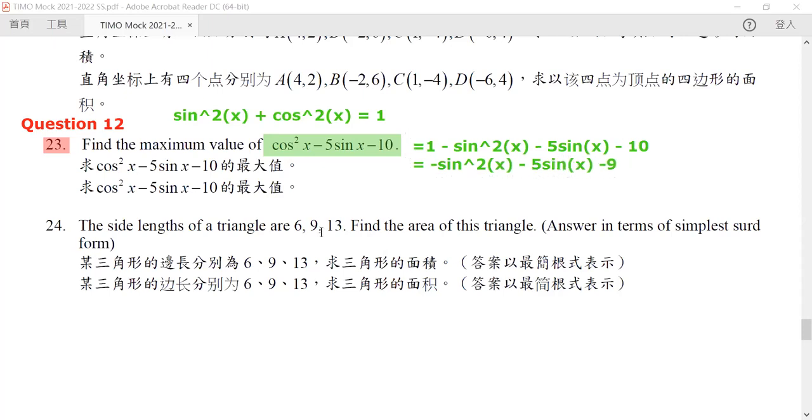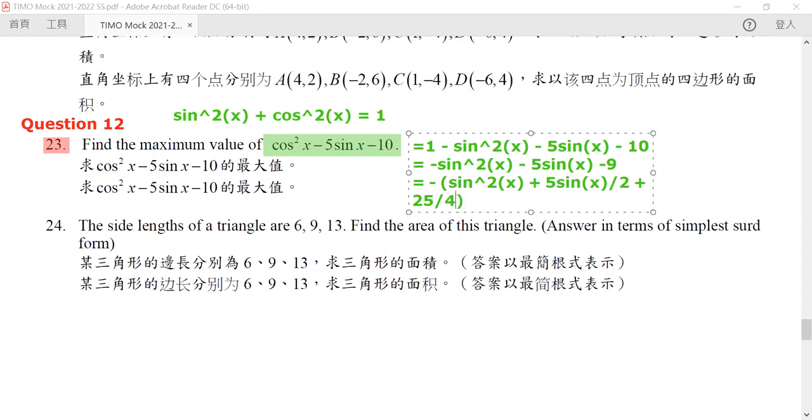So now what we want to do is to complete the square, just like question 12. We rewrite this as negative of sine square x plus 5 sine x over 2 plus 25 over 4. Is that 25 over 4?